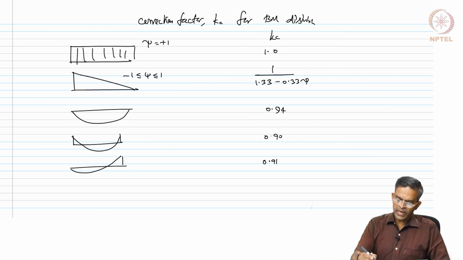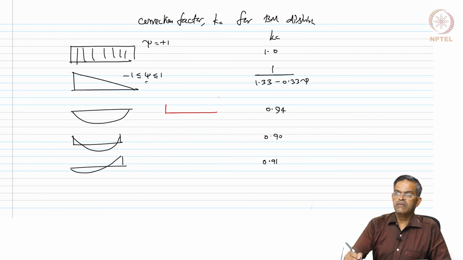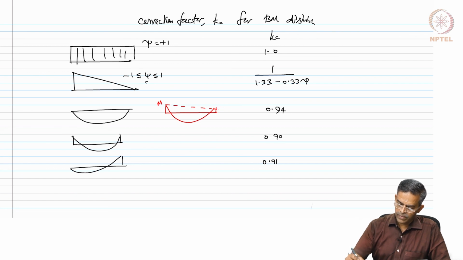So, now psi is a factor actually. How do you work out this factor? If I have the fixed end moments of this order and span moment of this order, if I call this M and this psi M, so psi is a factor, and this is my maximum M naught.